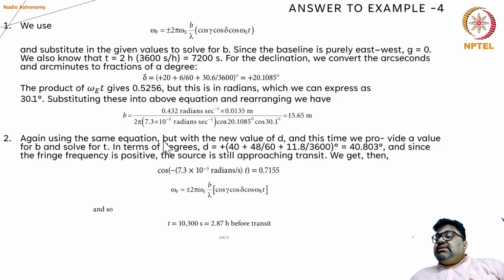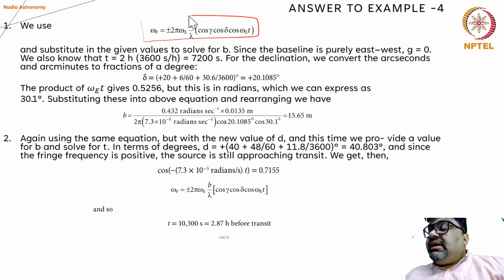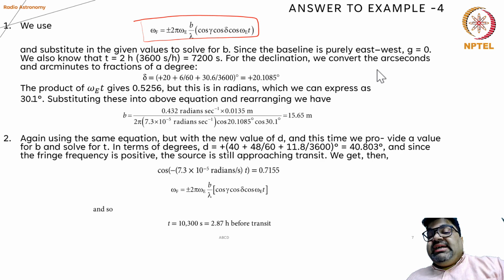Okay. So we use this standard formula using the fringe rate, and we can just substitute the values we know. If we substitute the values, what is the delta?